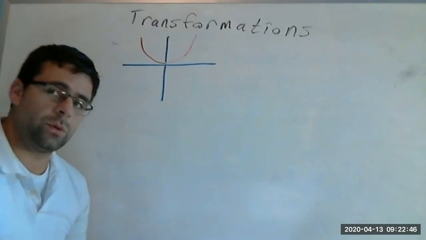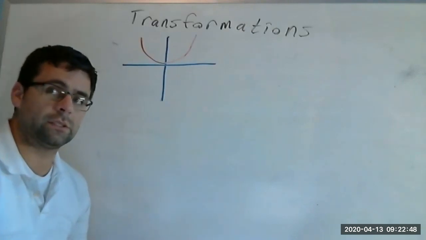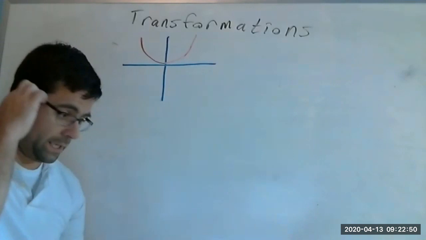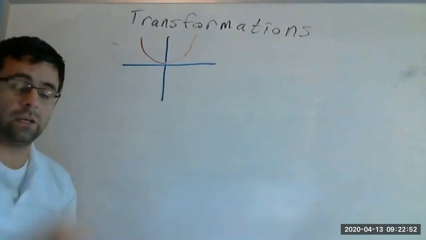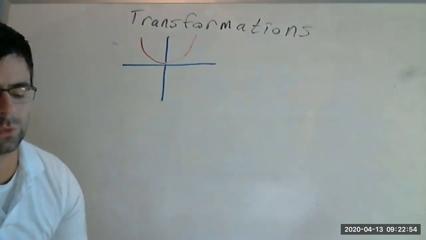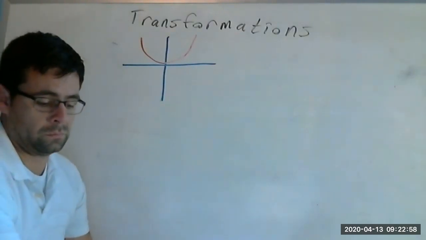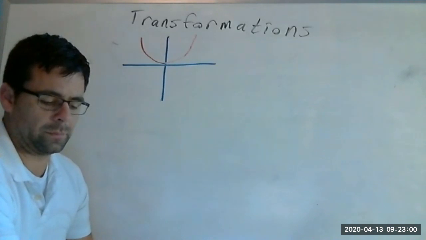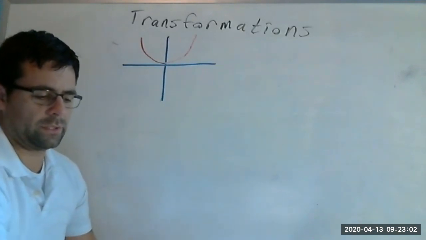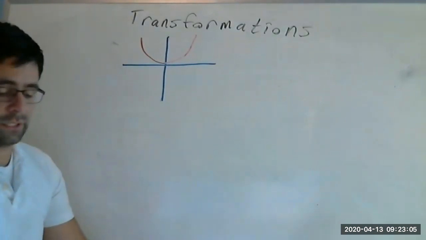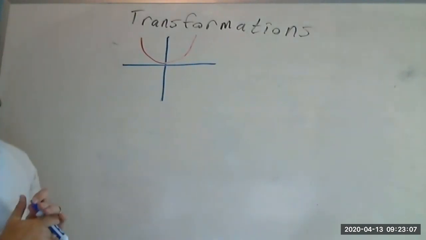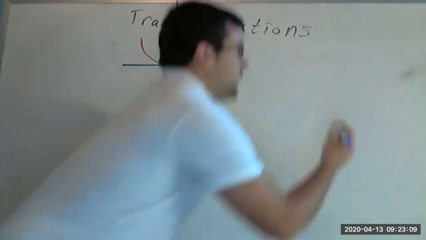One of the things that you can do to this is flip it, or reflect it, over some axis. So let's look at that for a second. These are called reflections.